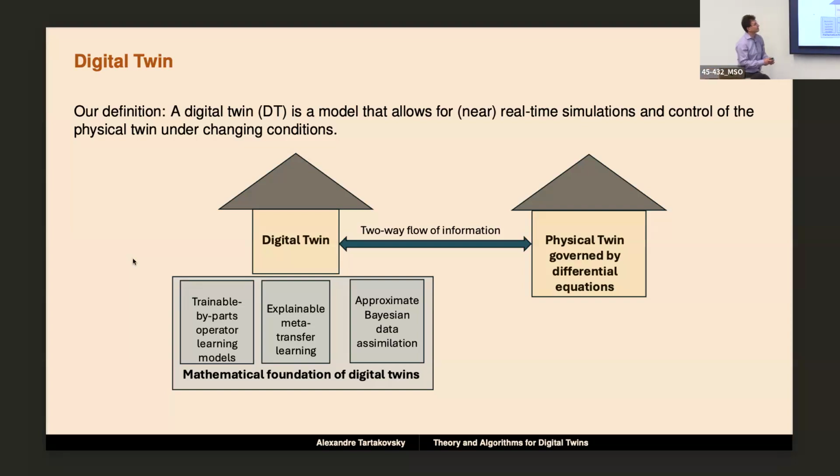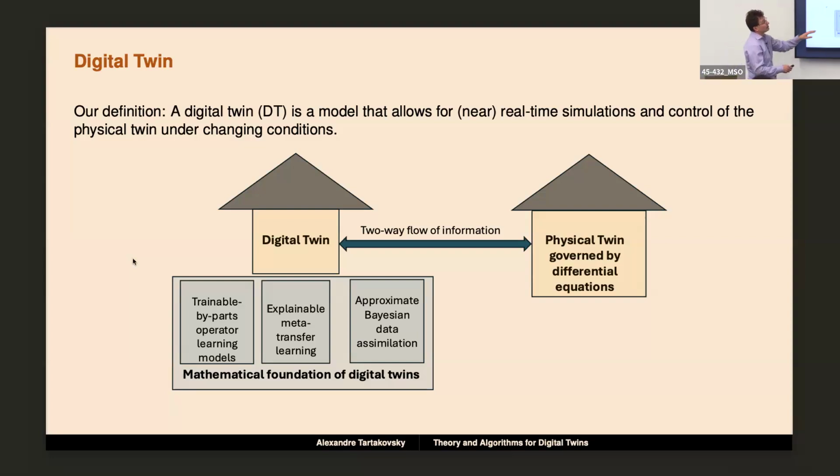its physical twin. So what we are focusing on are real-time simulations. We want to enable very fast simulations of the physical twin under changing conditions. So we want our simulator, our digital twin, to be able to adapt to changing conditions. For this, we want to use transfer learning. We want to make it explainable.